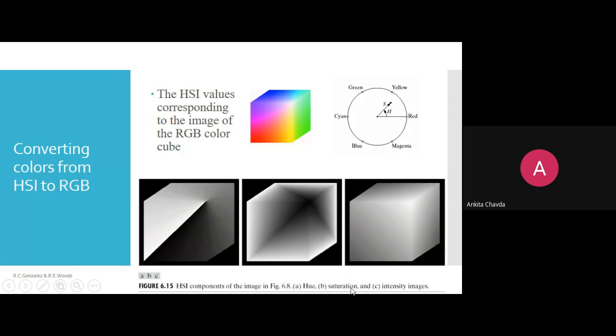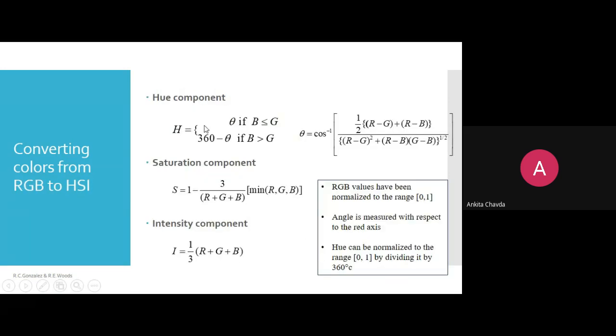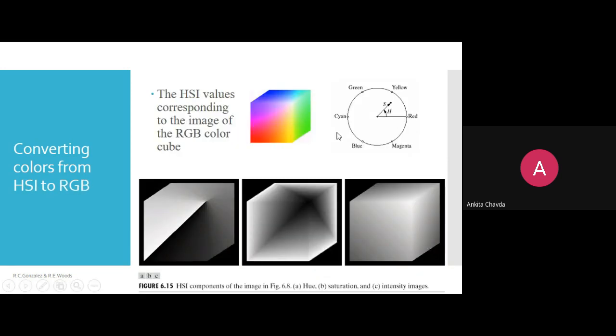Here in the saturation, again they will calculate based on this formula. Saturation is 1 minus this divided by R plus G plus B, and the minimum of these values and so on, right? So when you are going near to the origin, it will do 1 minus something, meaning they are near to the black color.